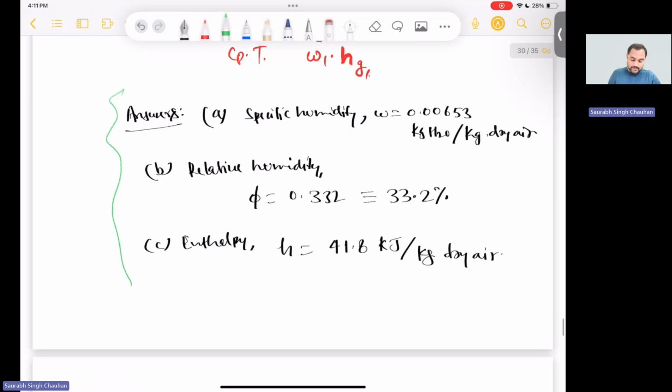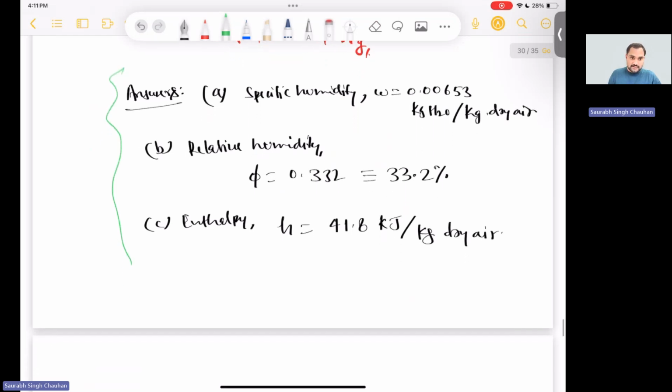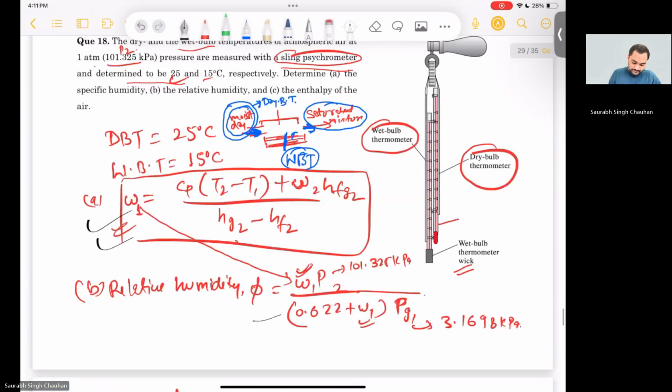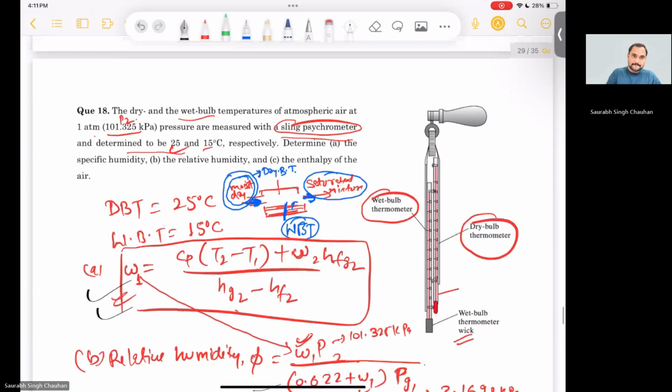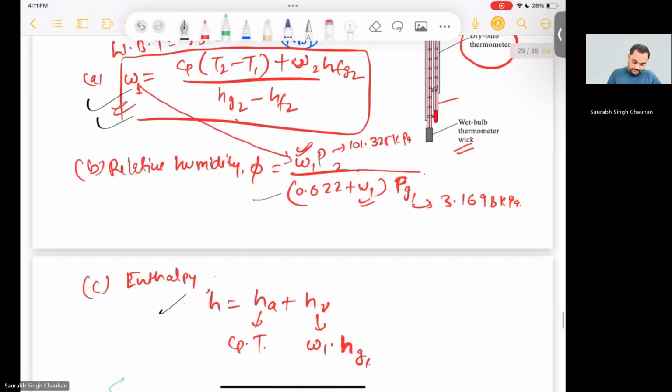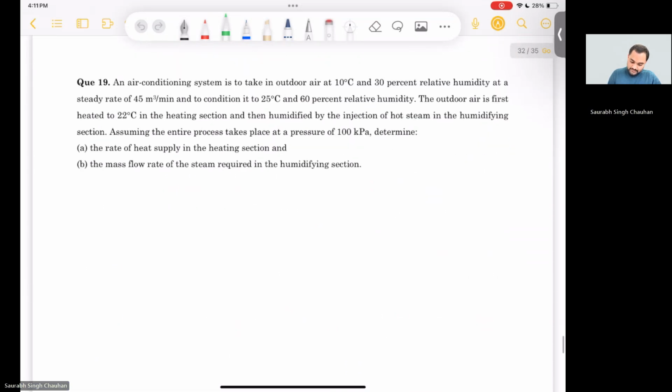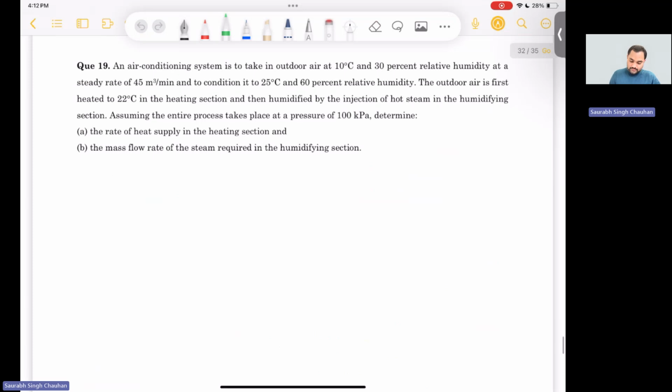If you have any doubt, then of course we can discuss in the next session. We have a few more questions. Again, I will not solve, but I will tell you how to solve, and I will tell the answers.